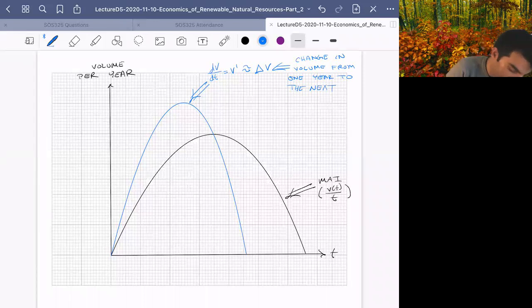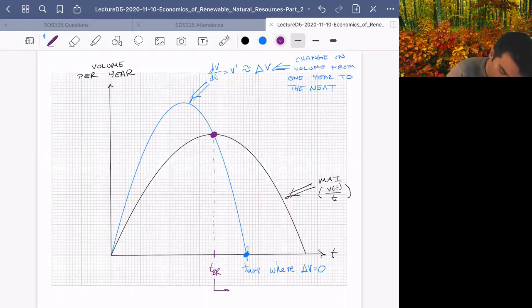And so down here, this is T max, basically, where delta V is equal to 0. And up here is TBR.